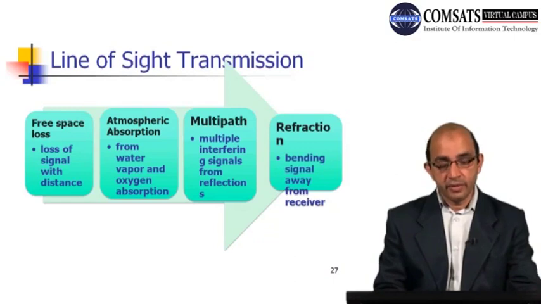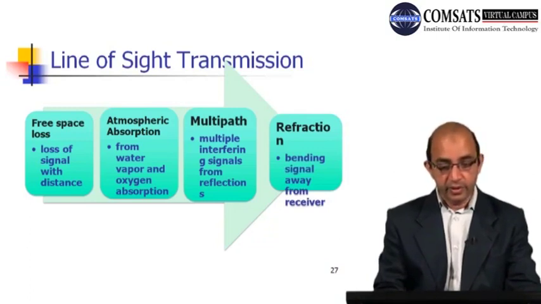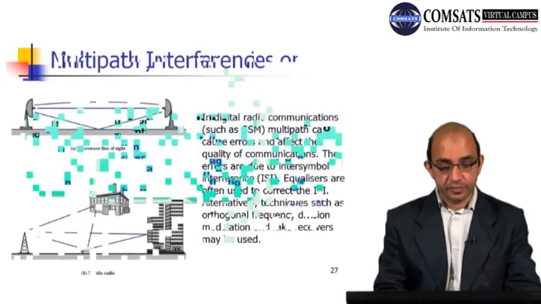Then we can also have atmospheric absorption, and then multipath interference and refraction. So this can also be one of the impairments for line of sight communication transmission.